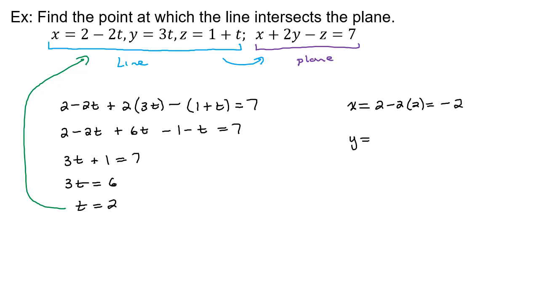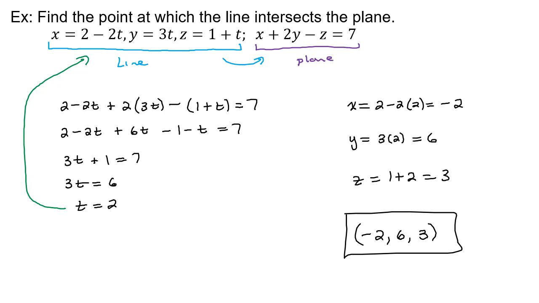My y would be 3 times 2, which is 6. And my z is 1 plus t, which is 2, which is 3. So the point where the line intersects the plane is (-2, 6, 3). That is the point where they come together. So hopefully that wasn't too bad. That's probably one of the easier ones you'll see.